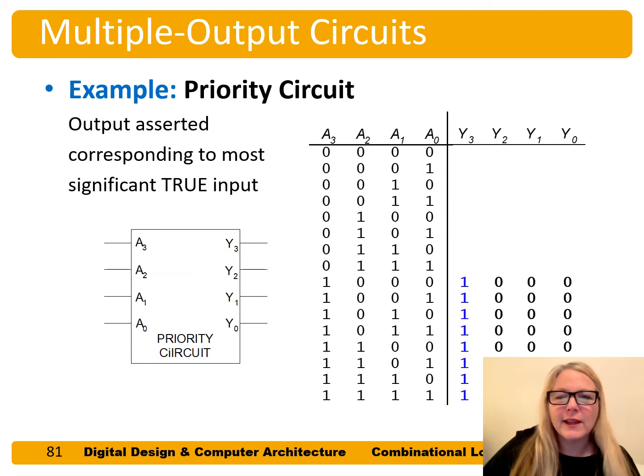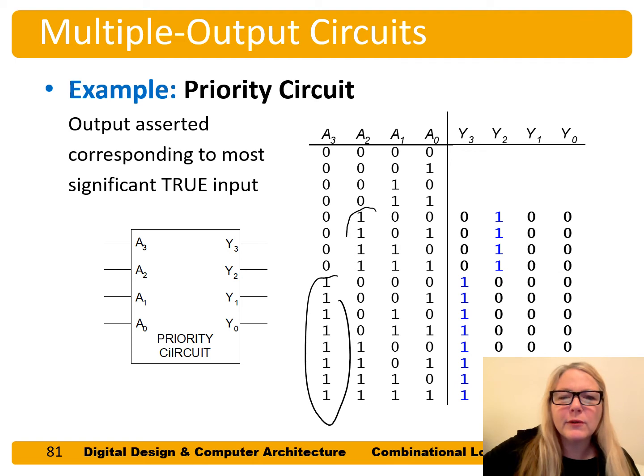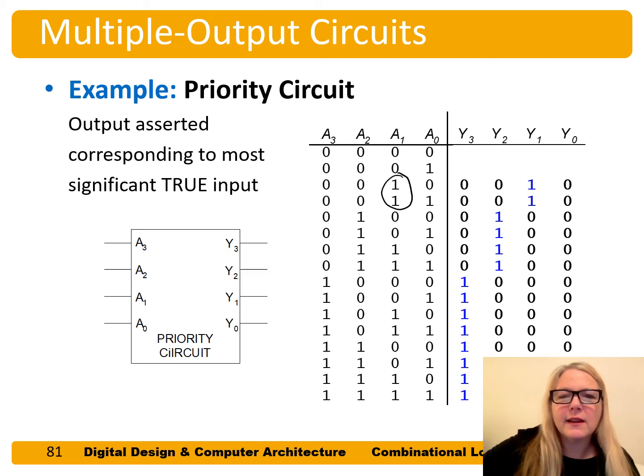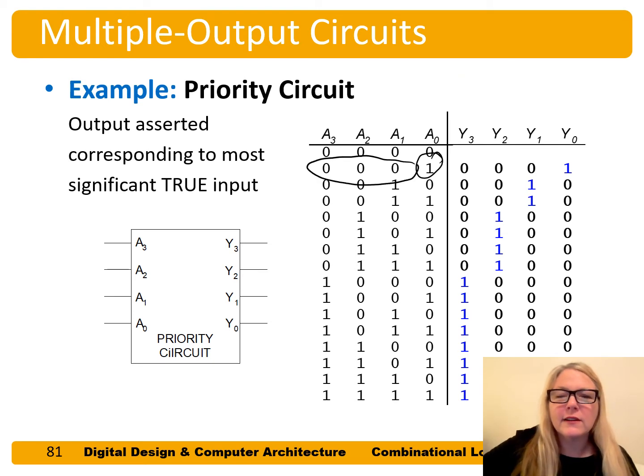So again, we have the cases of the highest priority input requesting the room, the next highest priority input requesting the room without the highest priority input requesting the room, the next highest priority input requesting the room, and finally the lowest priority input requesting the room without any of the higher inputs requesting the room. And the final case of no one requesting the room.